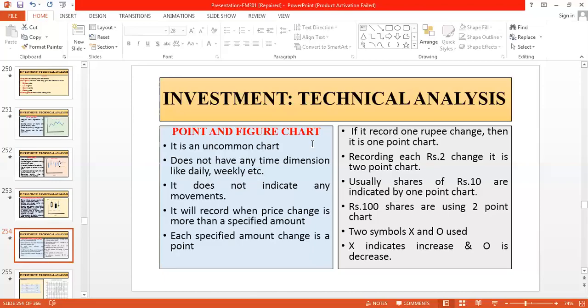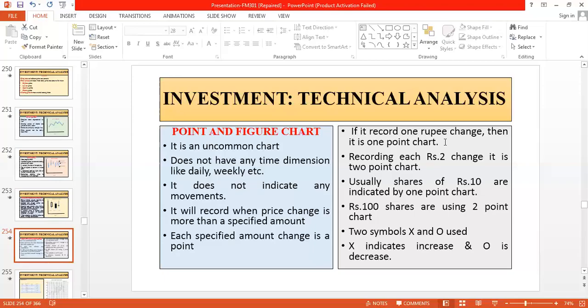So what does it imply? Let us look at the right hand side, the idea will be clear. If it records 1 rupee change, then it is a 1 point chart. So in preparing the chart, we will record the price change only if it satisfies a minimum change quantity.